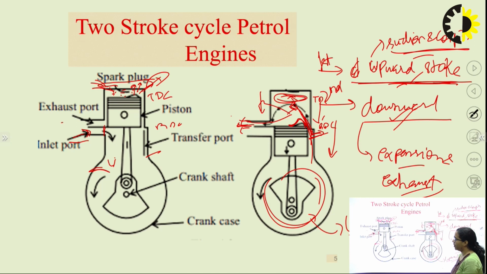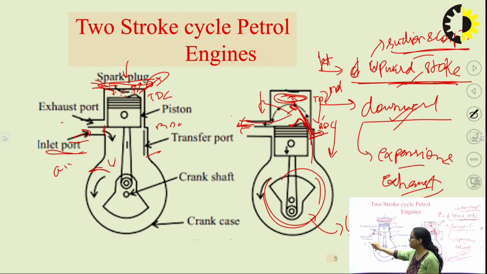Only remember the working of SI engine and CI engine almost remains the same. There is a basic difference only in the suction stroke, that is in the CI engine only air will be supplied and the compression is done and then ignition is done with the help of a fuel injector. But in case of the SI engine, an air plus fuel mixture is supplied and the ignition is done by using a spark plug.